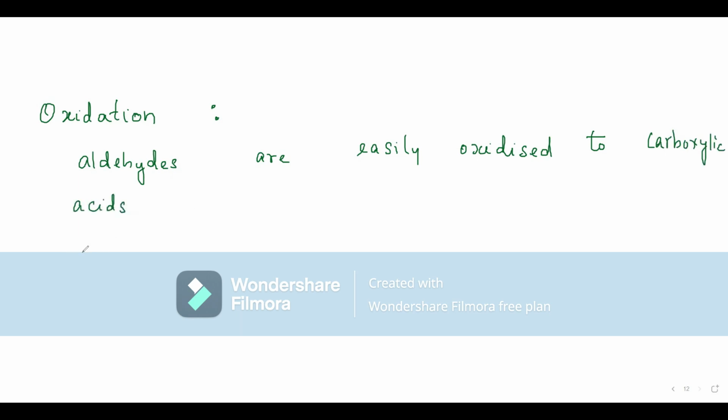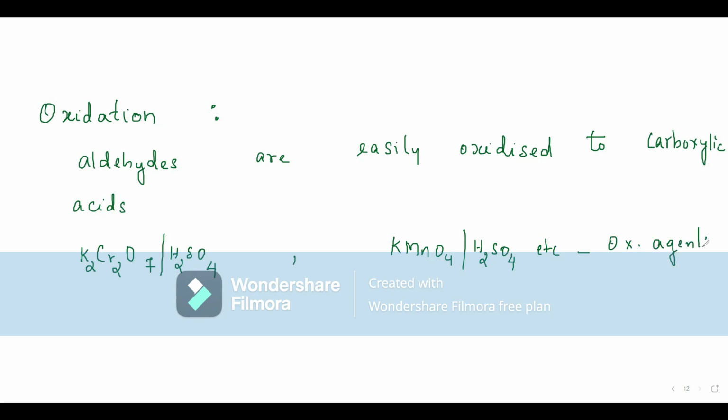Now, what are the oxidizing agents? Oxidizing agents used can be K2Cr2O7 in presence of dilute sulfuric acid, so dilute acidified potassium dichromate, or dilute acidified potassium permanganate. All these can be used as oxidizing agents.